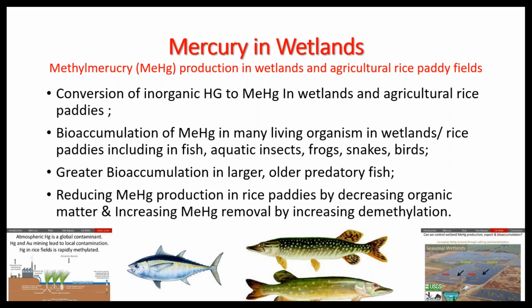We have to expect that in larger animals the bioaccumulation is higher, for example in predatory fish. Bioaccumulation, as we studied in the past, happens most in the fat body of, for example, insects or other animals. To reduce this, we have to reduce methylmercury production in rice paddies.